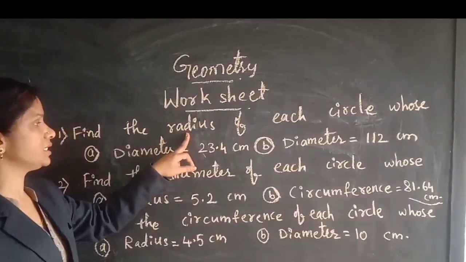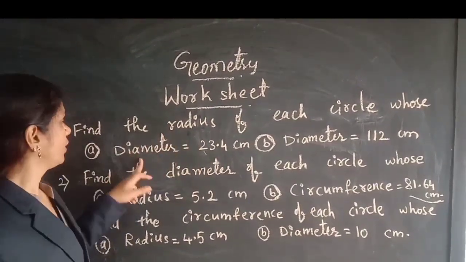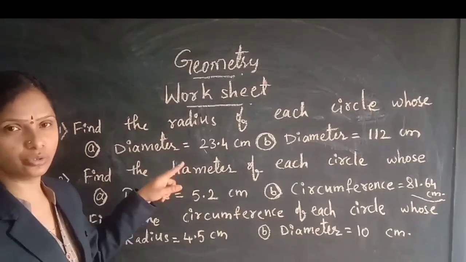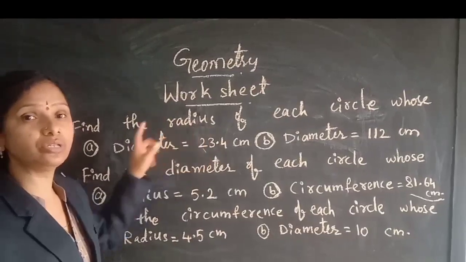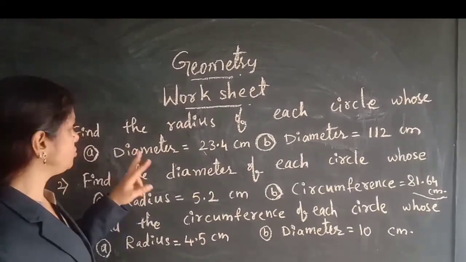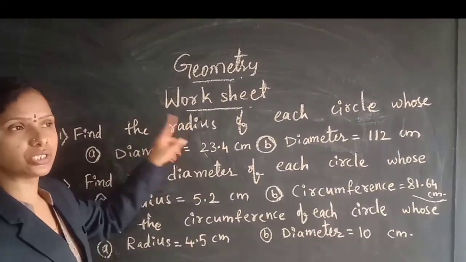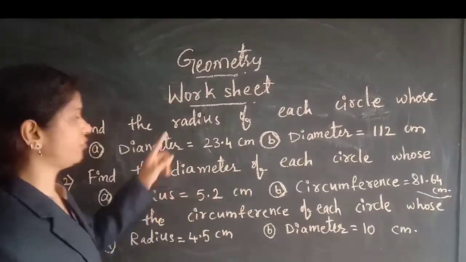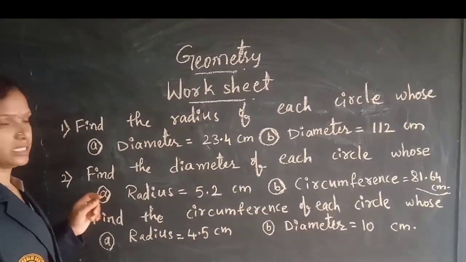Here, what is the radius formula in relation to the diameter? Diameter is equal to 2 radius, so radius is equal to diameter by 2. You need to use that, substitute these values and simplify. You'll get the radius value.